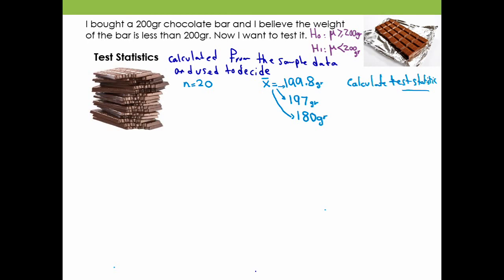When you look at this, you see that 180 is significantly smaller than 200 grams, and I'm more confident to reject H0, but 199.8 is not significantly less than 200 grams. Let's see what it means when I talk about significantly larger or significantly smaller here.